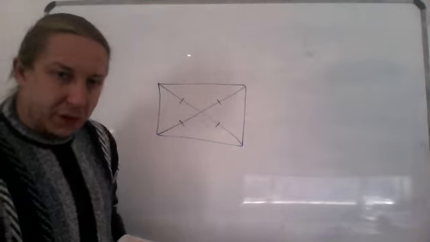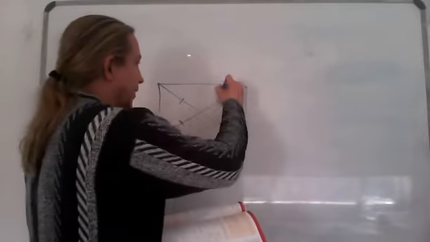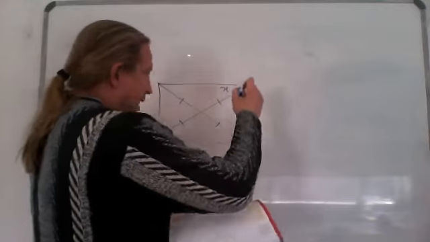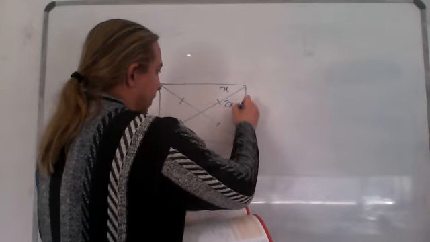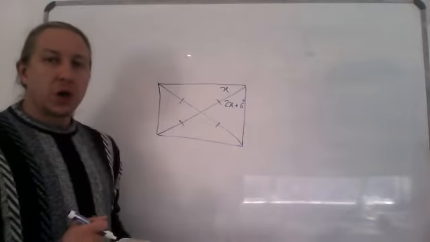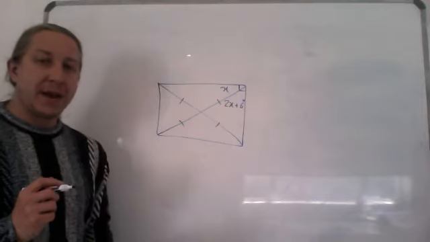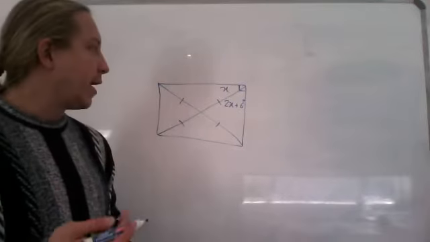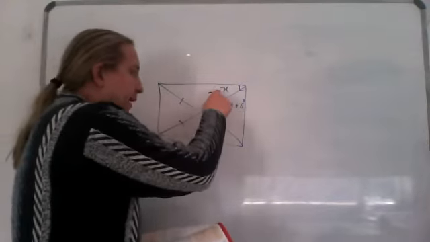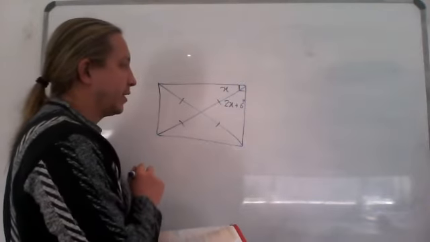I'm going to leave this rectangle on. That's our rectangle. So they tell us that this angle is X, and this angle is 2x plus 6 degrees. But remember, we determined already it's a rectangle, which means that this is a 90-degree angle. Well, we can work out x because we know x plus 2x plus 6 must equal 90 degrees.